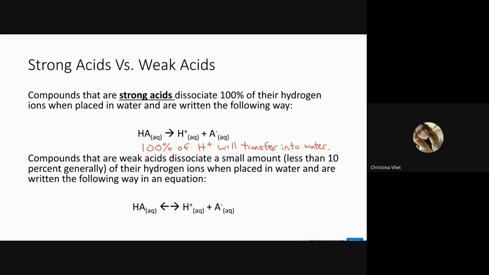So what's a weak acid? What's the difference? Look at the bottom. What is the key difference in what's going on with a strong acid versus what's going on with a weak acid? What does double arrows mean?